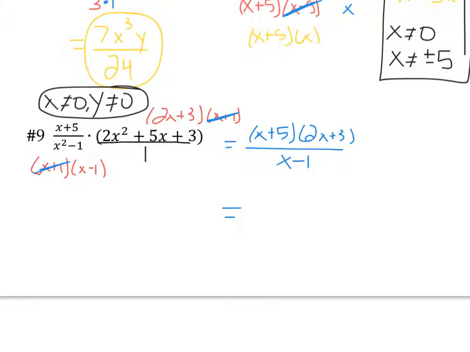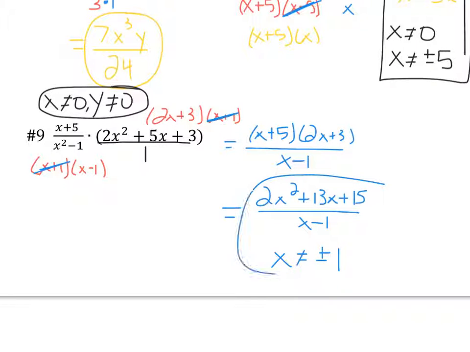And we could multiply, FOIL the x plus 5 and 2x plus 3. If you do that, you're going to get 2x squared plus 13x plus 15 over x minus 1. With restrictions on the variables, where x cannot be equal to plus or minus 1. Okay, we don't have to worry about any restrictions over here. There's no variable in the denominator. But here we can't have x equal to negative 1 or positive 1. So this would be our answer.